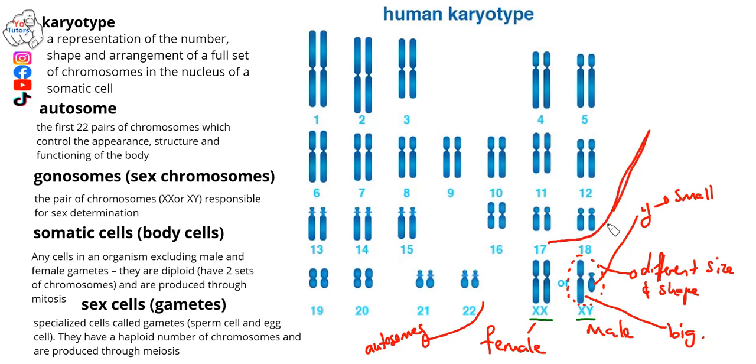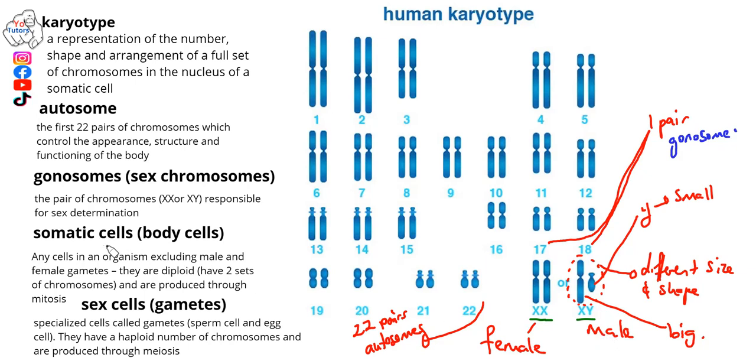You have one pair of gonosomes. So we have 22 pairs of autosomes, then one pair of gonosomes, which for female is XX, for male it's XY.